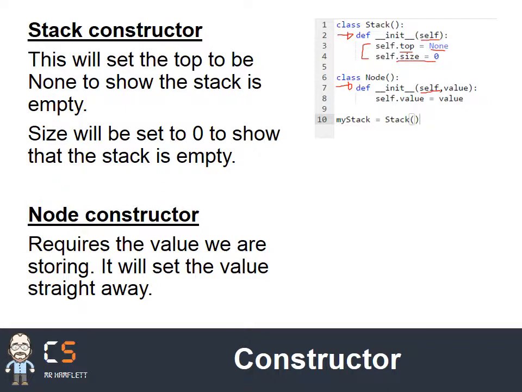In the node, however, I'm passing through a single parameter called value, and that's going to be the value I'm going to be storing in the node. At the moment, inside this method, all I'm doing is setting the value to be the value passed through. Notice the difference here: we've got self.value and value. What I'm saying is that the attribute value inside this object is going to be set to the value I've passed through as a parameter.